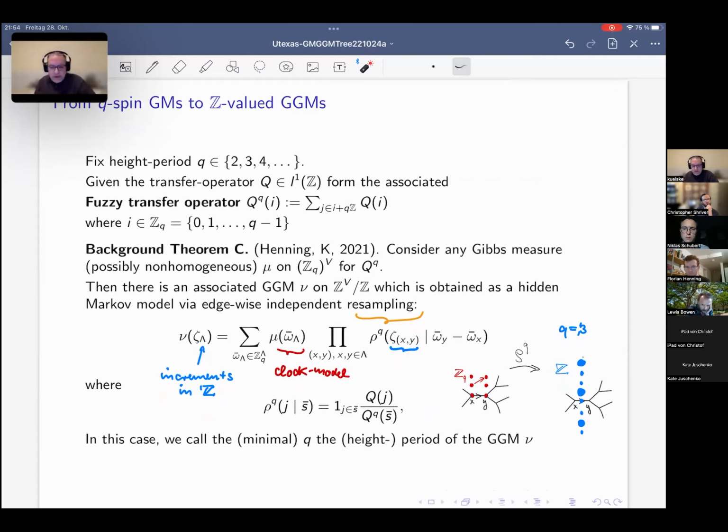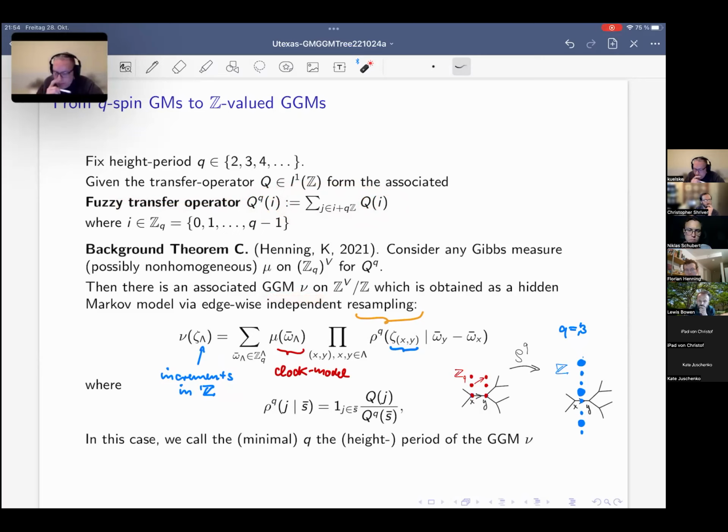And there's a nice theorem which says: let us go from the Z-valued model to a Z_q-valued model, and define an associated fuzzy transfer operator, defined from the Q. Then there's a formula which says, suppose that you have constructed a proper Gibbs measure for this finite spin model. Then you get to a GGM.